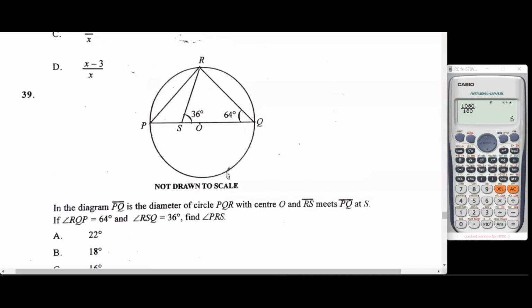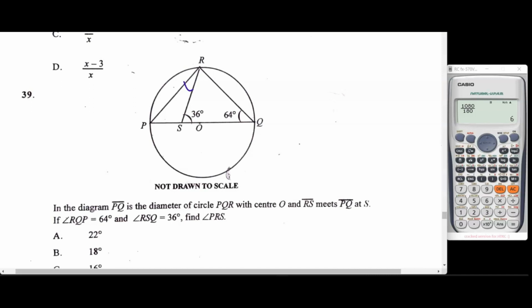RS meets PQ at S. Okay, so we can see that. If angle RQP is 64 degrees, and angle RSQ is 36 degrees, find PRS. So we are looking for the small angle there.